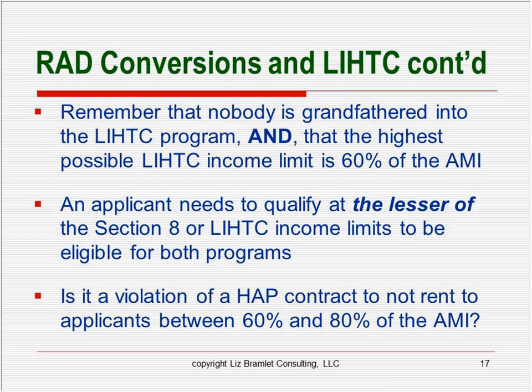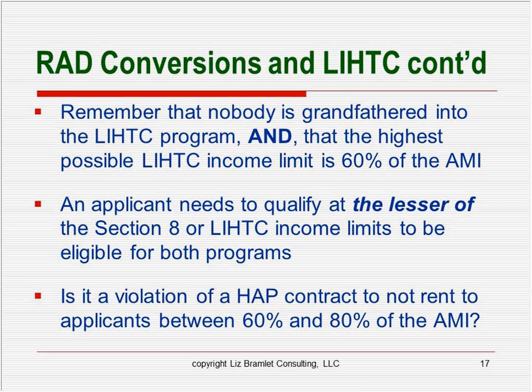These projects are not automatically going to be 100% Section 8 or 100% tax credit. So you have some Section 8 units, and you could have some tax credit units, and you could have some blended Section 8 tax credit units. And you need to map your project to know which unit falls into what category.